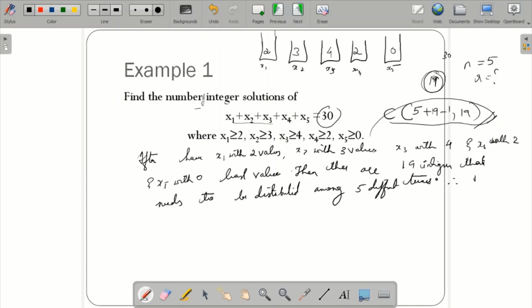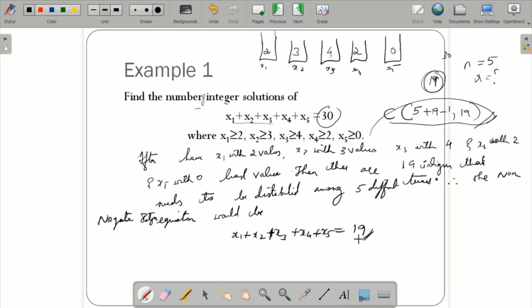Therefore the non-negative integer solution equation would be x1 plus x2 plus x3 plus x4 plus x5 equal to 19, where n is equal to 5 and r is equal to 19.